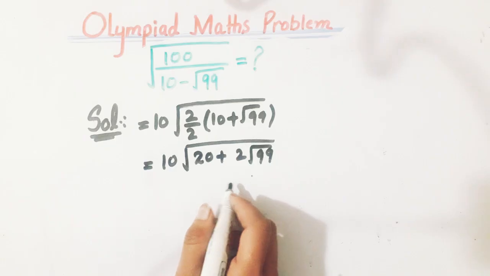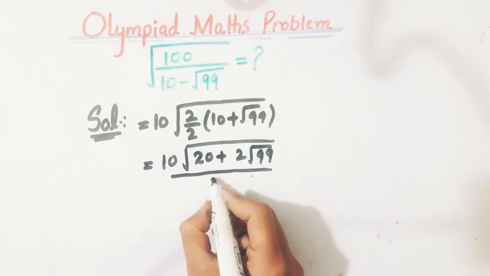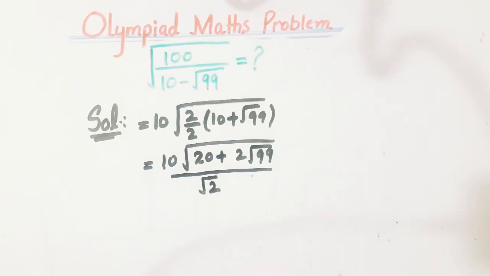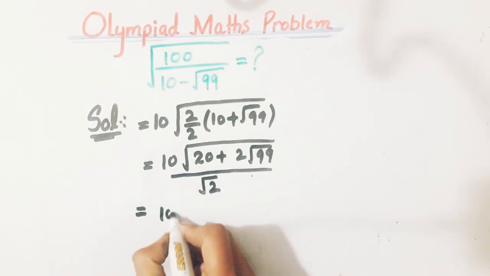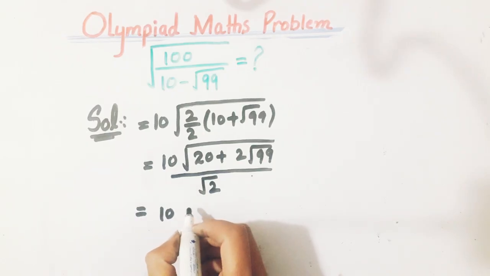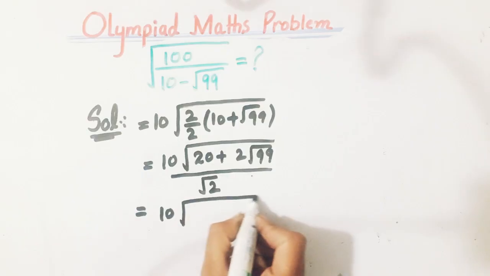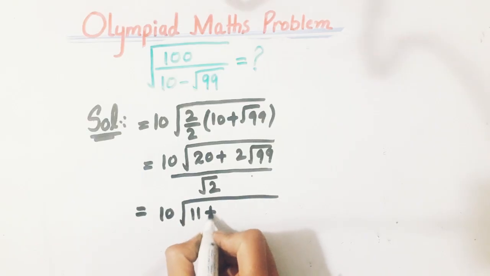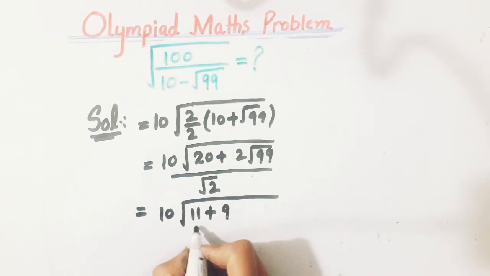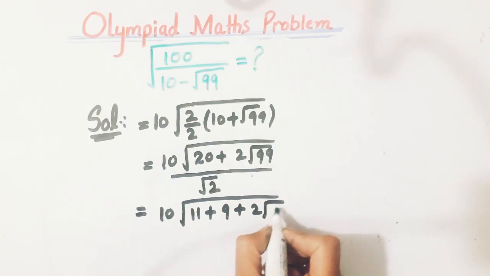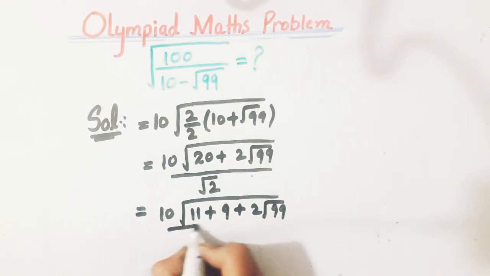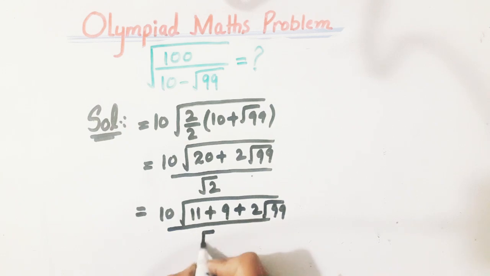And the whole of this is divided by root 2. Now, we will write 20 as 11 plus 9, because 11 into 9 is 99, plus 2 root 99, divided by root 2.